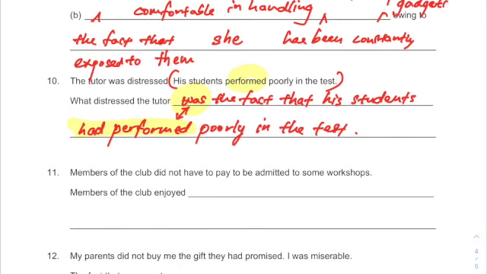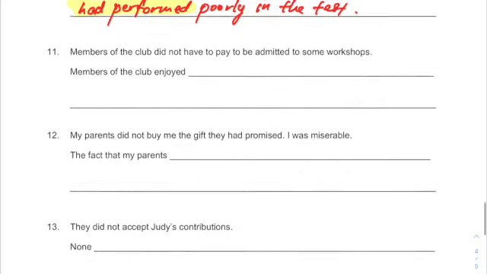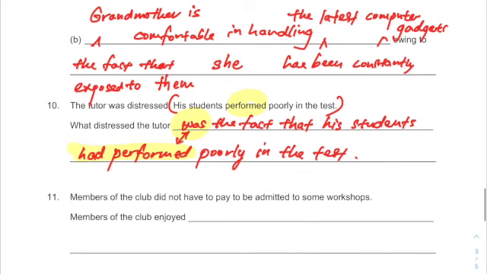Right, so members of the club did not have to pay to be admitted to the workshop. So this one is a little bit different from the rest already. All right, so let's just go ahead and do it. It's not going to be the fact that anymore.